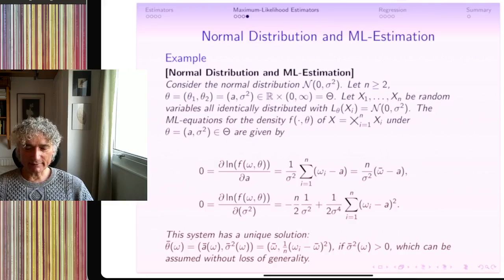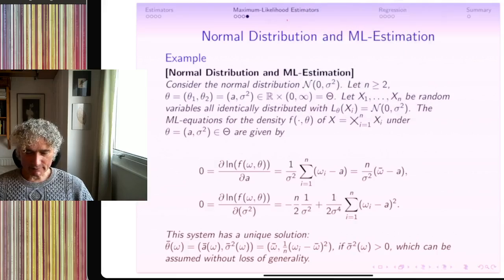Again, we have x1 up to xn random variables, and they are all identically distributed with L theta of x_i given by the normal distribution. Now the ML equations for the density f of x, oh, that here is a mistake, sorry.